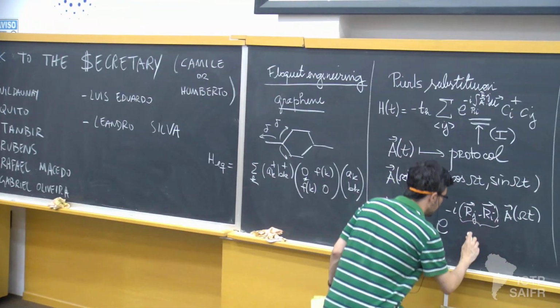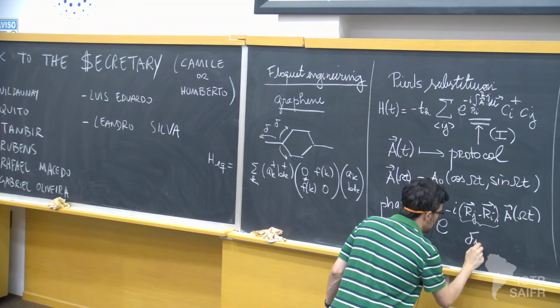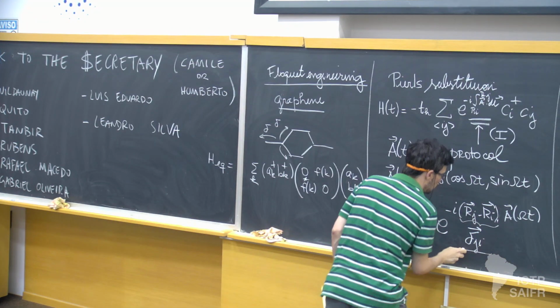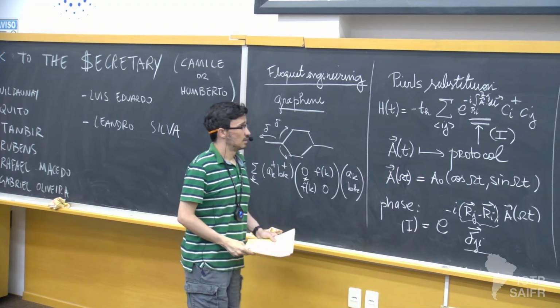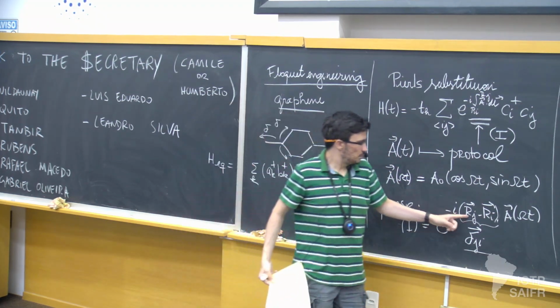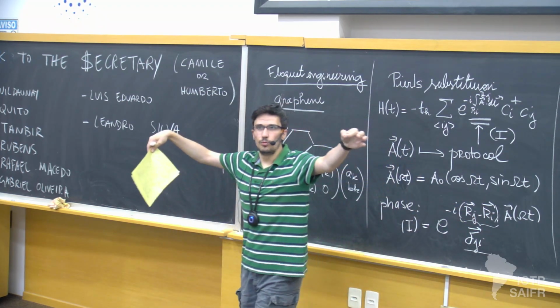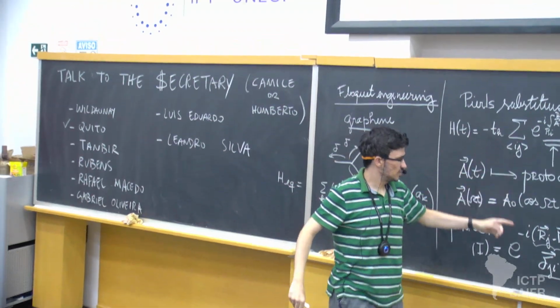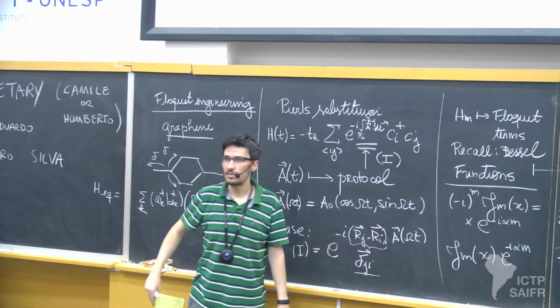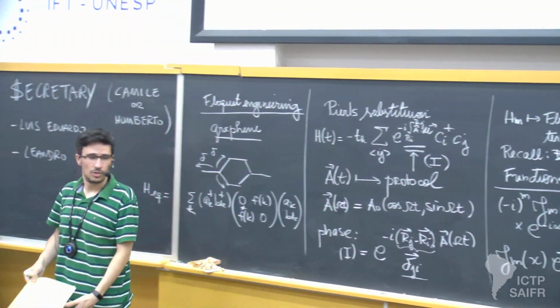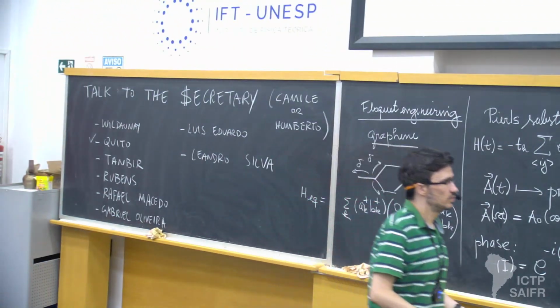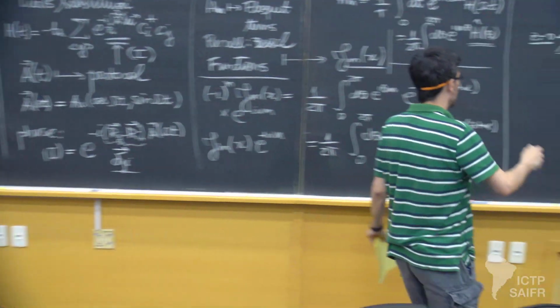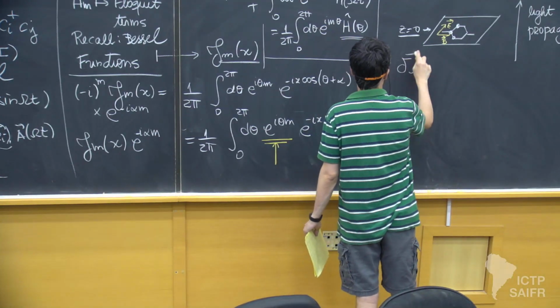So we can even call this delta_ji. In principle, this could be the phase acquired by any 2 points of your lattice. But as we know, this is only nearest neighbors. So these 2 R's are going to connect nearest neighbors. So I suggest you go back to yesterday's notes and recall what these delta_l's are.